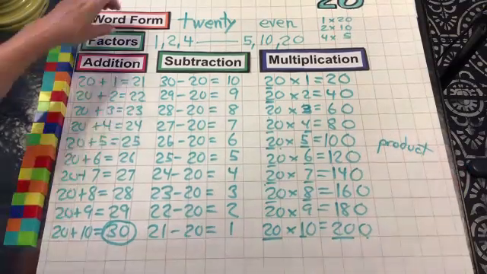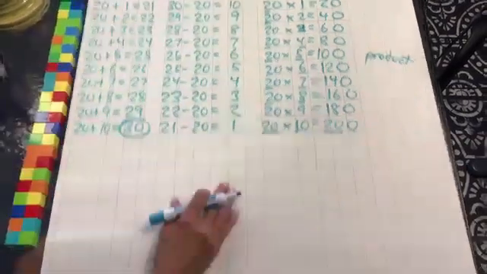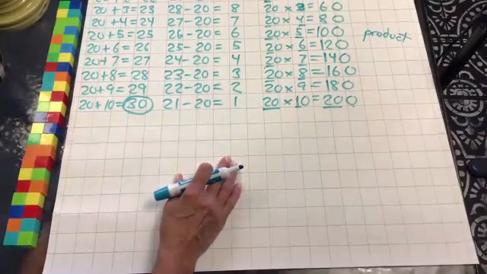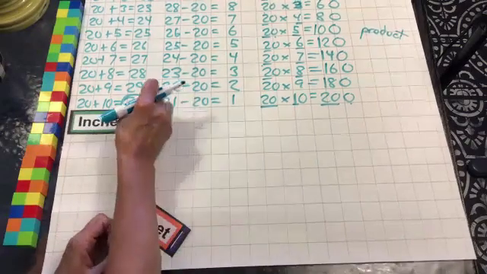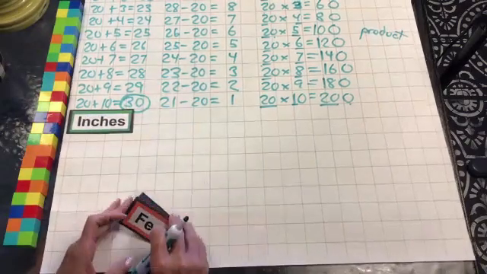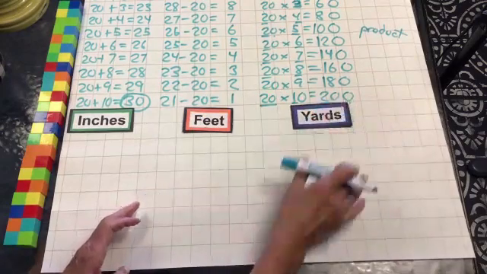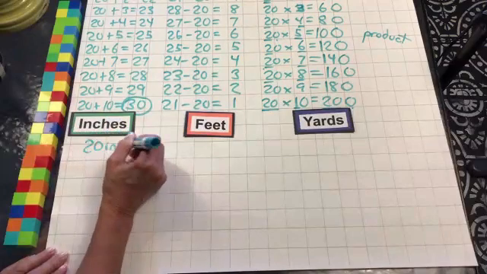All right, let's move on to our measurement for today with the number 20. So our first measurement is our standard form linear measurement, which is inches, feet, and yards. So we have 20 inches today because that's the number of today.